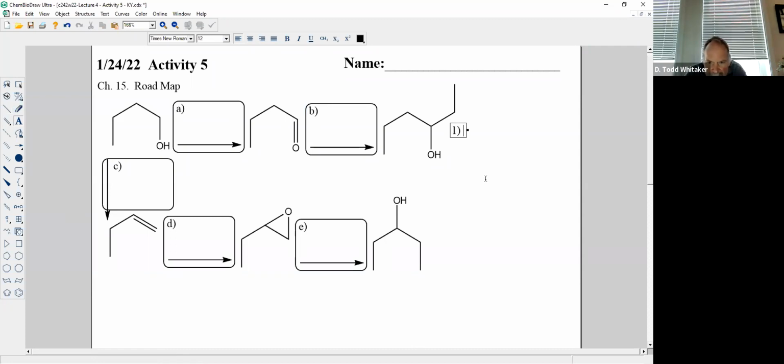One, lithium. No, we can't do that. Lithium, PBr3. Two, lithium, hexane. Oh, what happened?